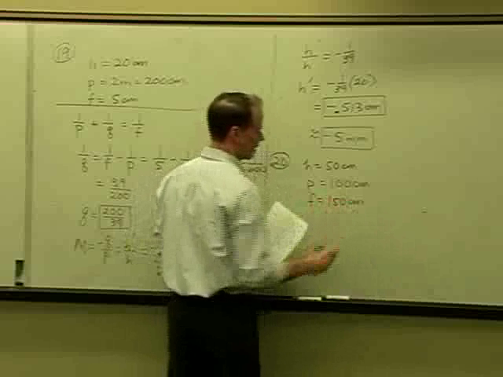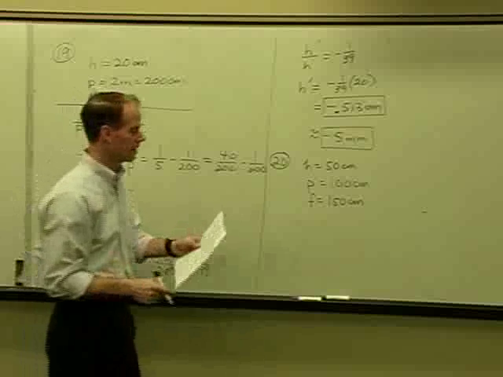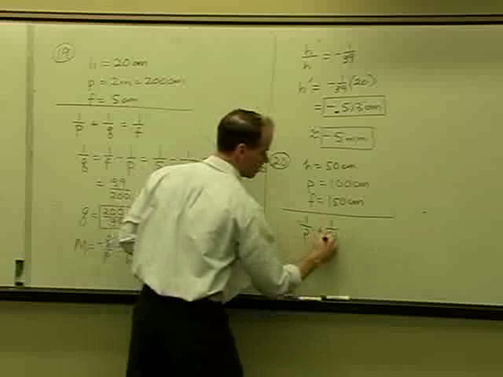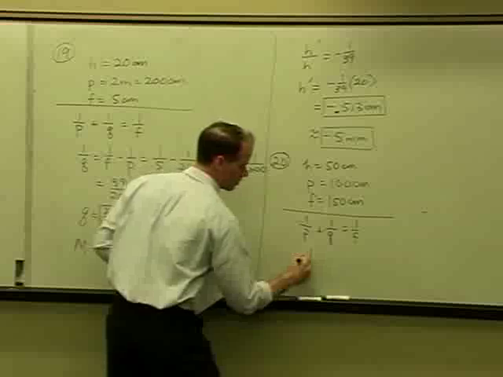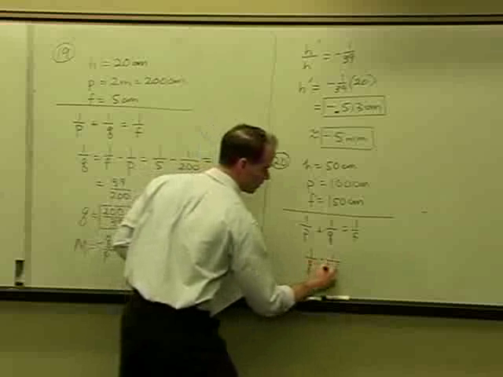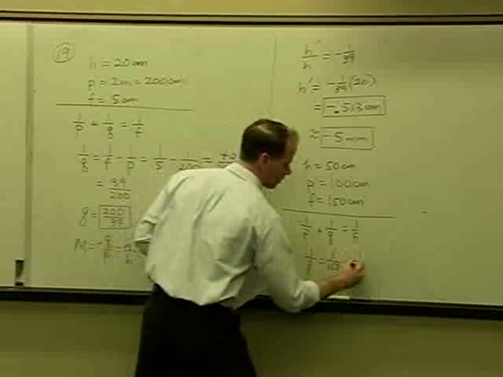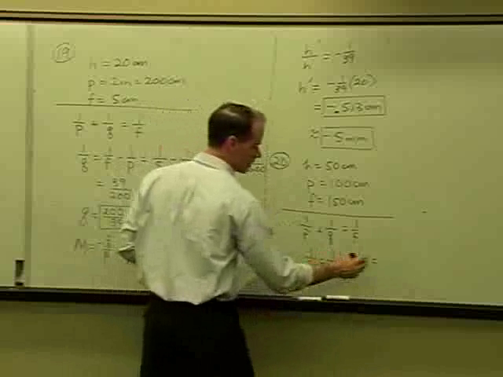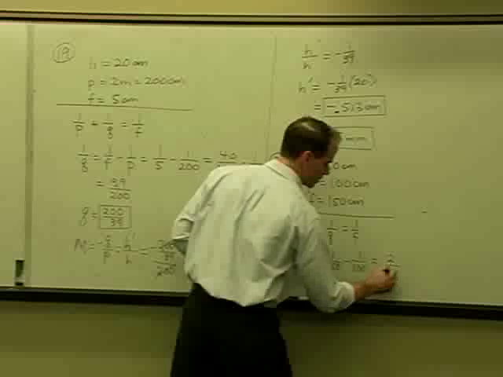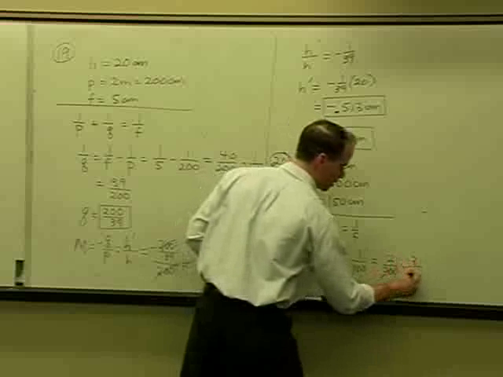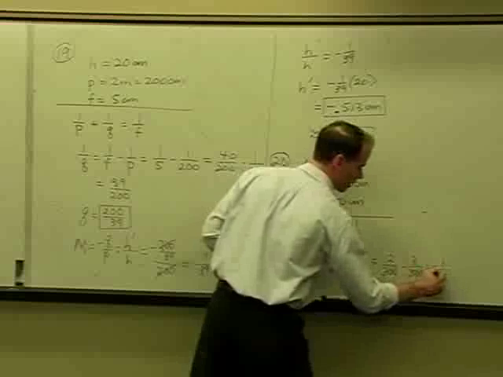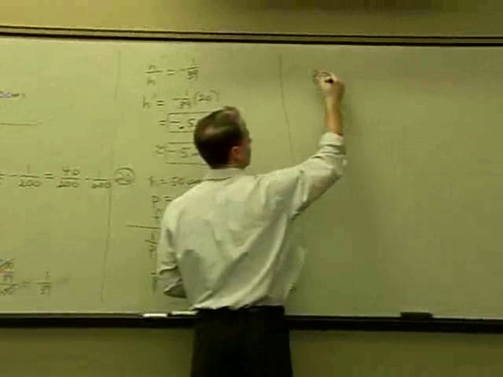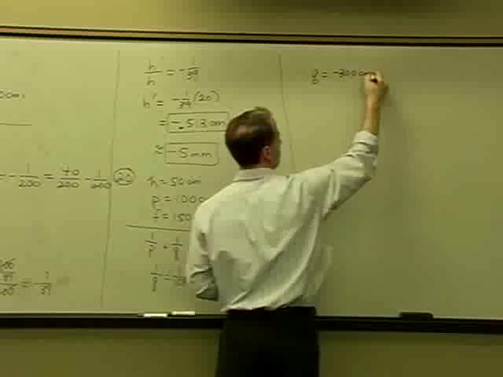Focal length is 150 centimeters. Let's find the image distance, 1 over P plus 1 over Q equals 1 over F. So 1 over Q is going to equal 1 over 150 minus 1 over 100. Yeah, I should have left it that way. Let's use 300. So this would be 2 300ths minus 3 300ths equals a negative 1 over 300. So Q will equal a negative 300 centimeters.